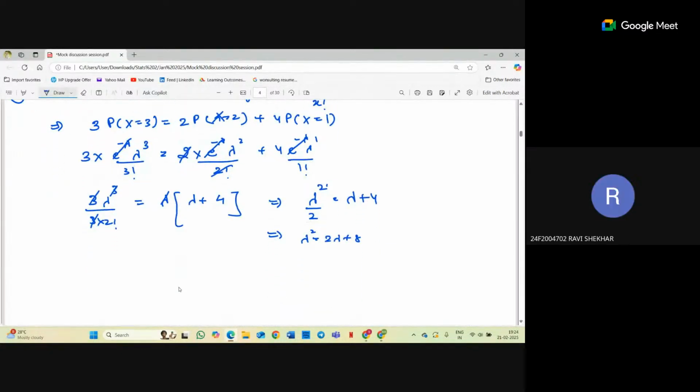Yes, ma'am. Okay. Now, lambda square minus 2 lambda minus 8 equals 0. Then, if I do middle term splitting, it would be 4 lambda plus 2 lambda minus 8. Now, I can write it as lambda into lambda minus 4 plus 2 into lambda minus 4 equals 0.